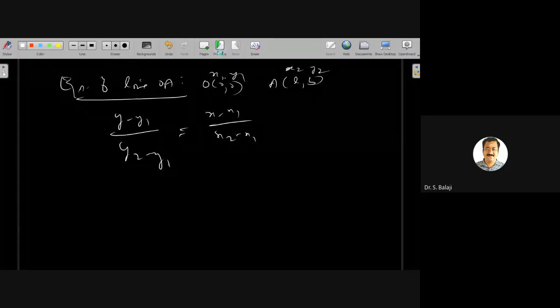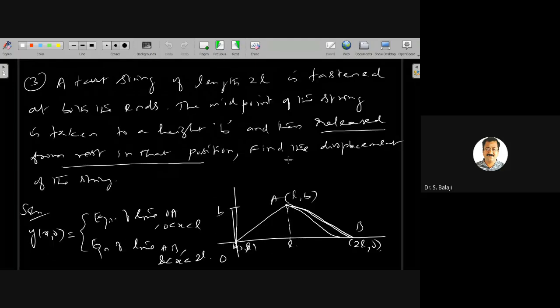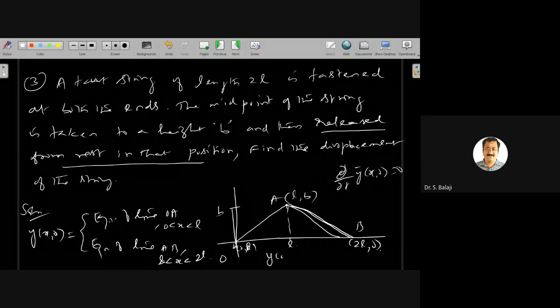Similarly, the equation of line AB: A is (L, B), and B is (2L, 0), x1 y1, x2 y2. Then you get y(x, 0). Initial velocity is 0. Therefore, it will be dou by dou t of y(x, 0) equal to 0. Both ends are fixed: y(0, t) equals y(2L, t) equals 0.